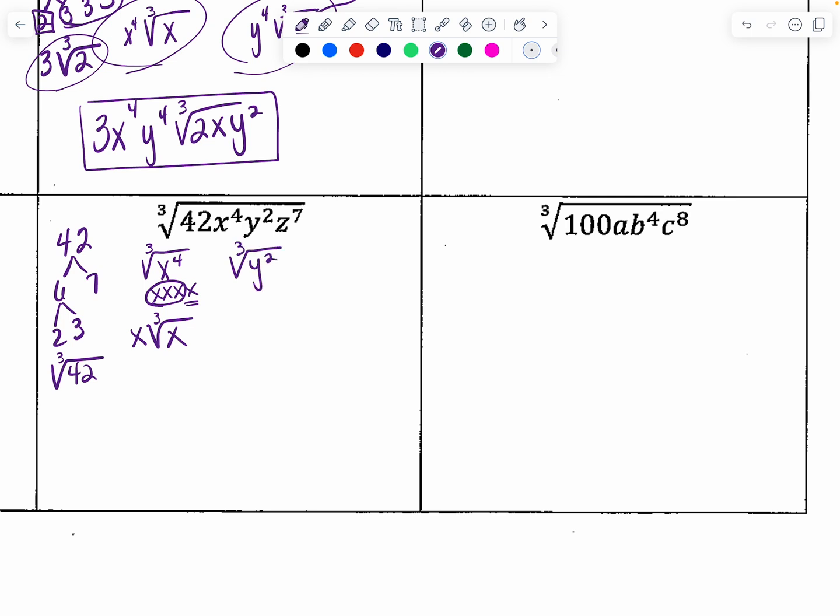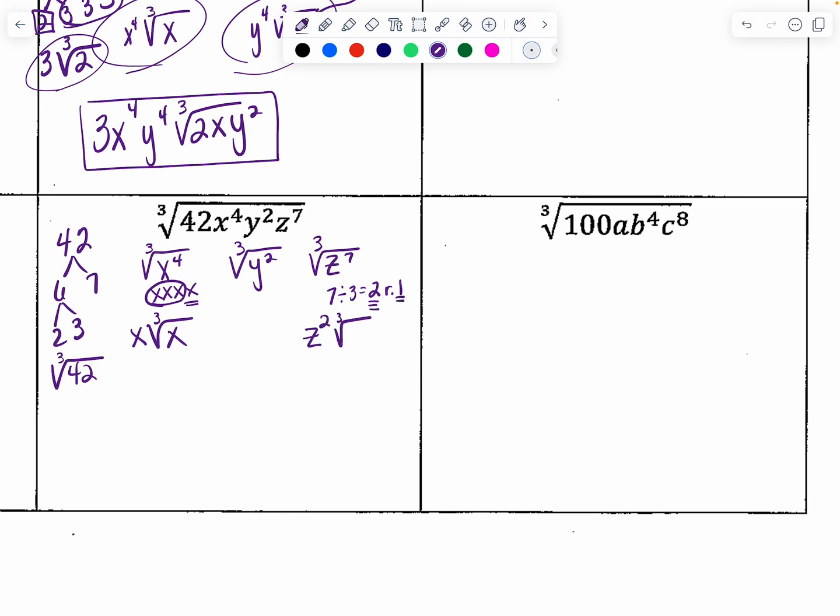Y squared, we said if our exponent is smaller than 3, then we're just going to leave it alone. We don't do anything with it. And then z, not y, z to the 7th. So again, I think of this as 7 divided by 3 gives me 2 with a remainder of 1. So then this is the exponent on the outside, so z squared.